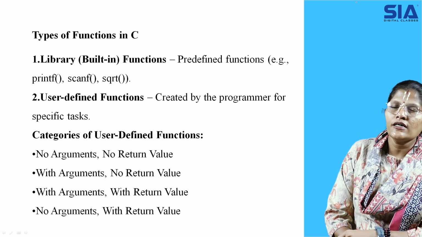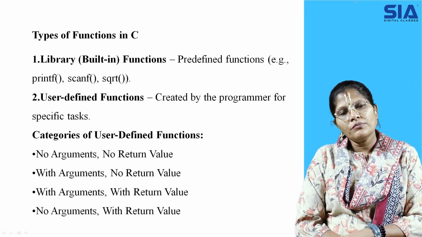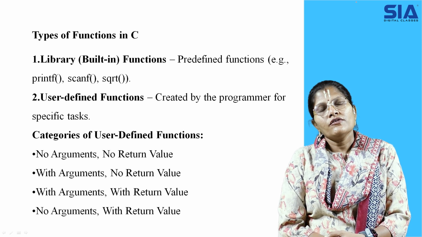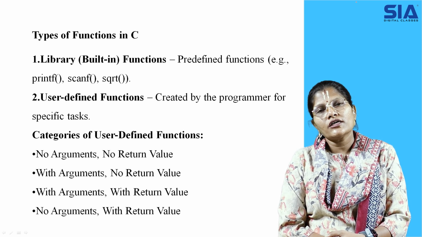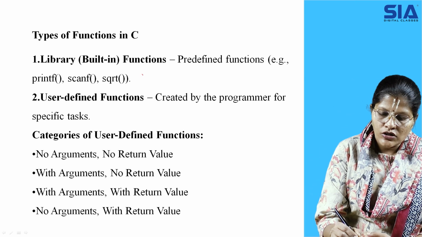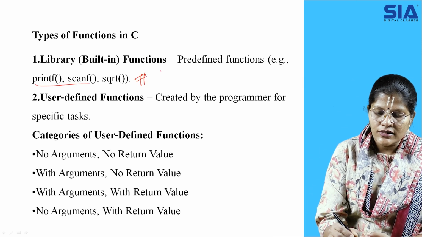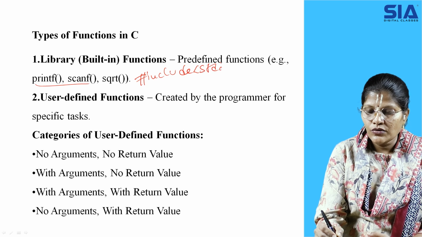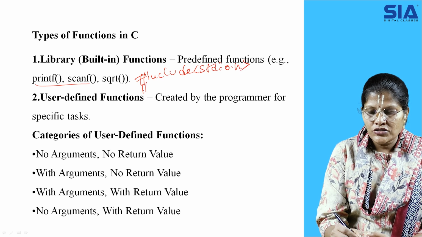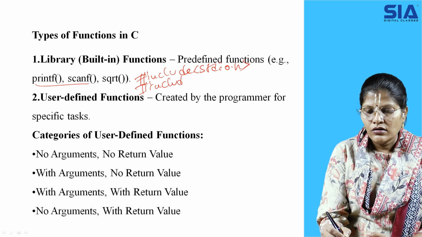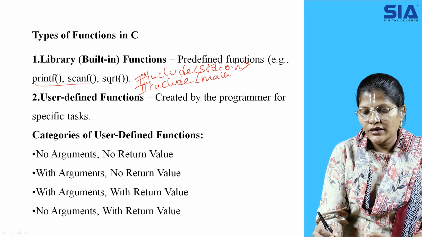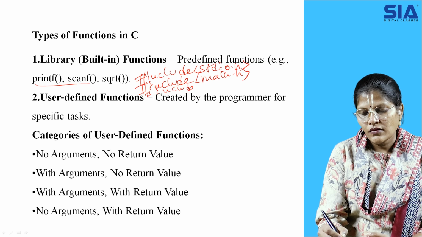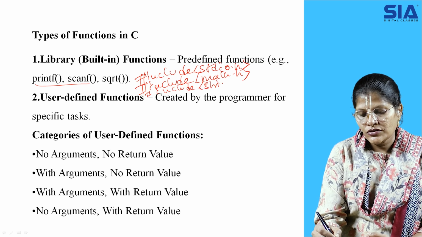As we have stated earlier, there are two types of function: built-in functions, or the library functions, which are already predefined. If you want to use them, we compulsorily need to take the help of the header file, like #include <stdio.h> for your printf and scanf, #include <math.h> for the math related functions, and then again #include <string.h>.